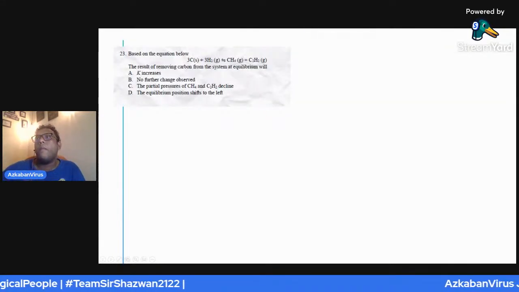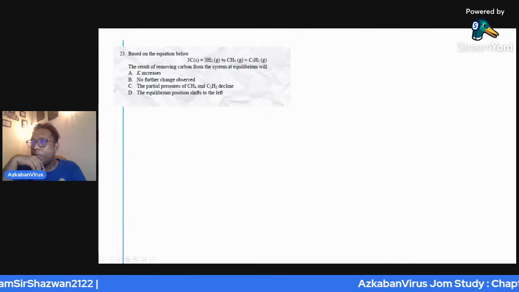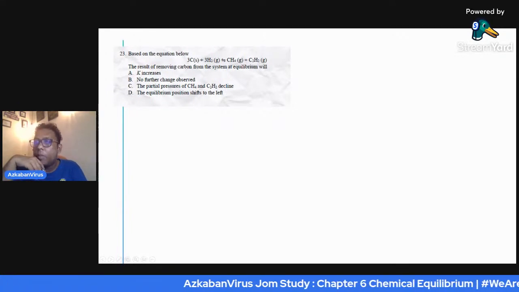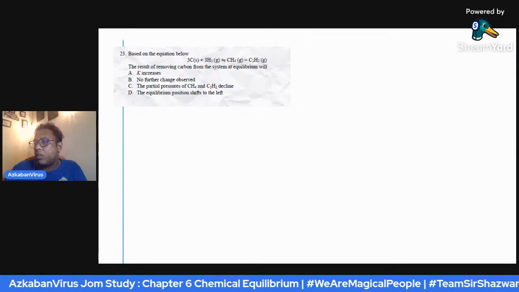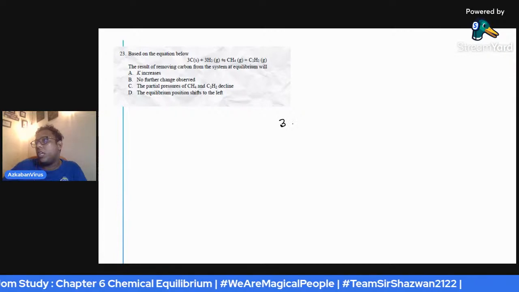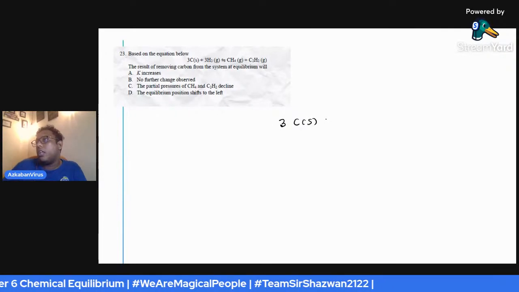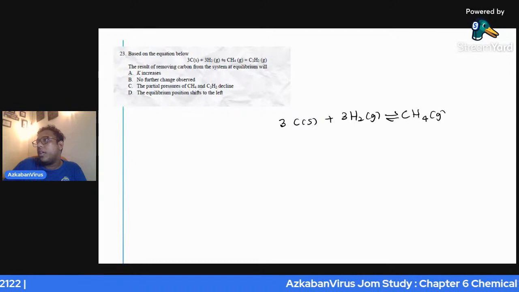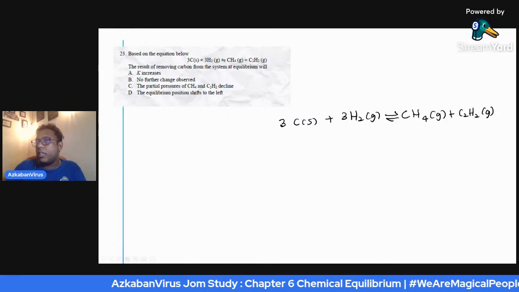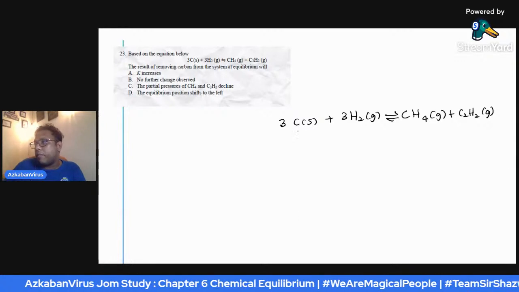Next one. Based on the equation below, the result of removing carbon from the system at equilibrium will, kita buang carbon. Okay. 3C solid tambah 3H2 gas, CH4 gas tambah C2H2 gas. Kita buang carbon.